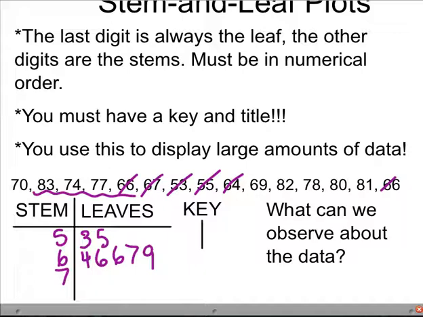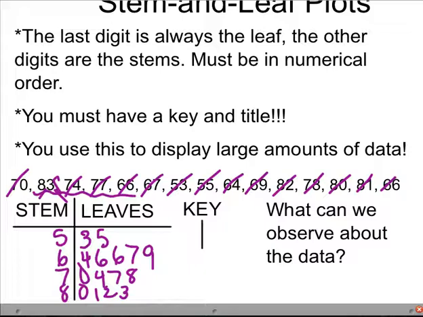And then with my 70s, I have a 70, a 74, a 77, and a 78. And lastly, my 80s, I have an 80, an 81, an 82, and an 83.